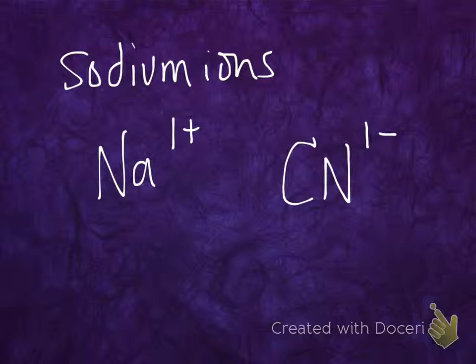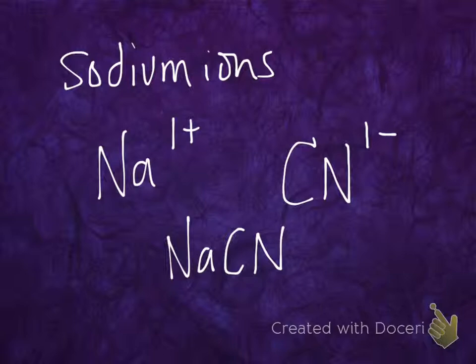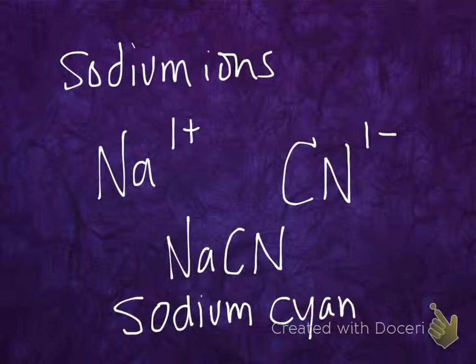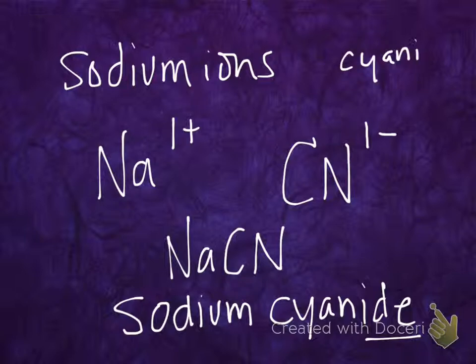Now you can see right here, I think, all of you, how this would form a compound. This is NaCN, and it's called sodium cyanide. Okay? It's a combination of sodium ions and cyanide ions. Okay. So the very basics, the name is just the name of the 2 ions.